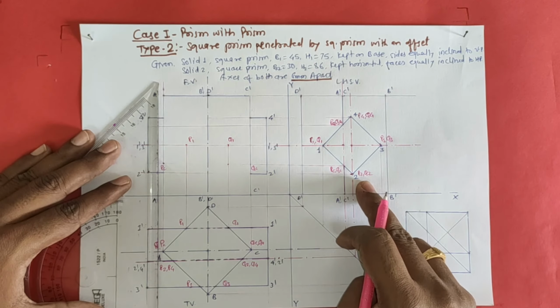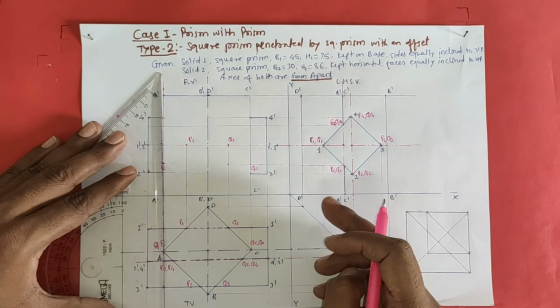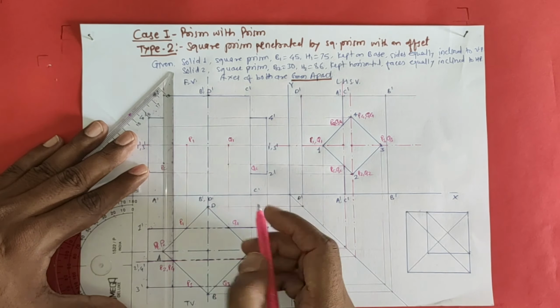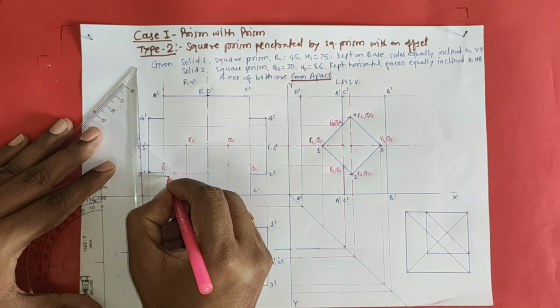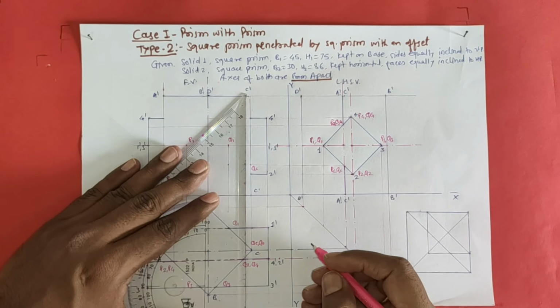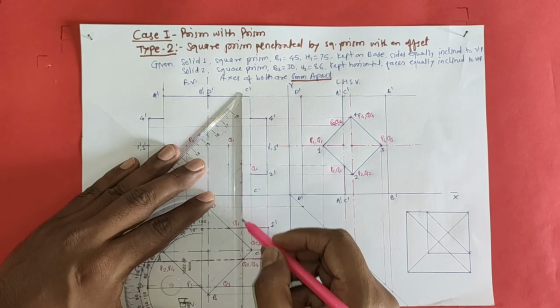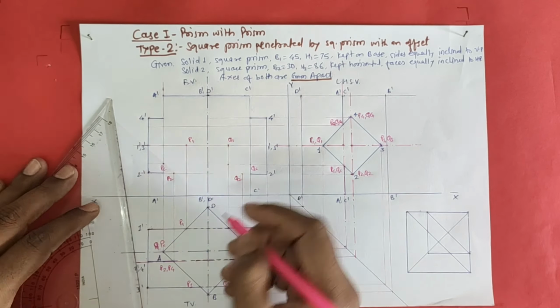After that P2 comma Q2, P2 here, Q2 here. Take its projection. P2 point will be on 2 line at the bottom. So here you will get P2, and similarly to the right side on 2 line here you will get Q2.